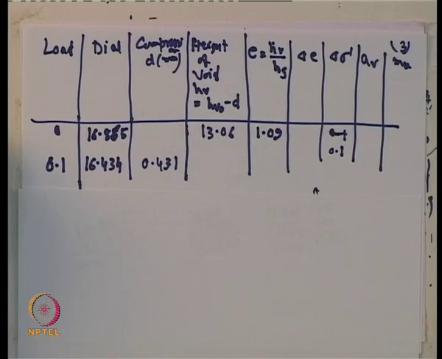Here I am showing the calculation for the load increment for 0.1 kg per centimeter square. For 0.0, the final dial gauge reading is 16.865, and for the loading it is 16.434.